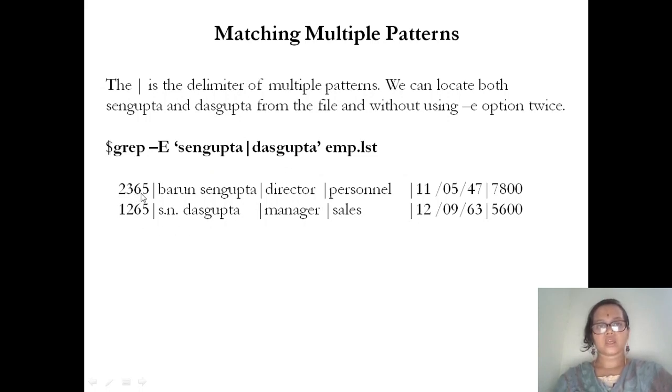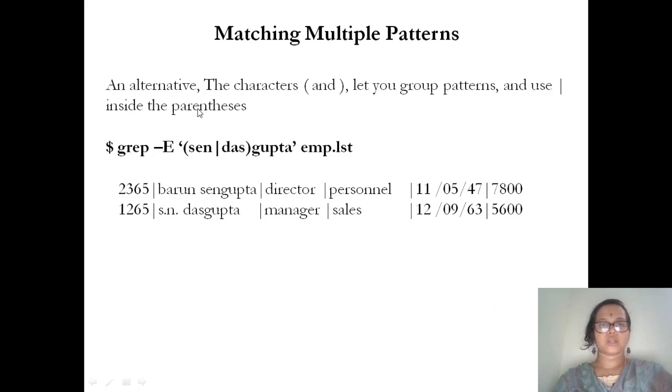So you will get an output like this, where you will get Sen-Gupta's profile as well as Das-Gupta's. So this is one way to get multiple patterns by using a pipe. This is one pattern and this is the second pattern, but they should be delimited by a pipe symbol.